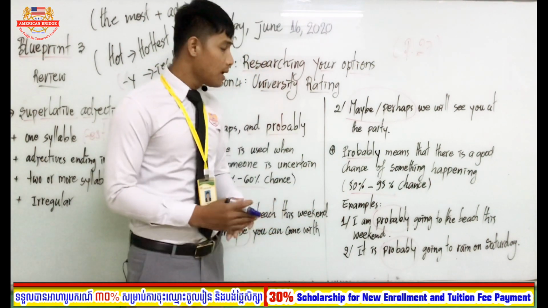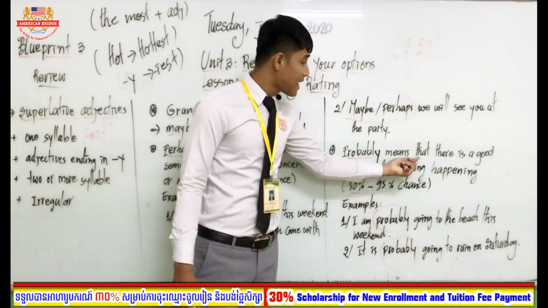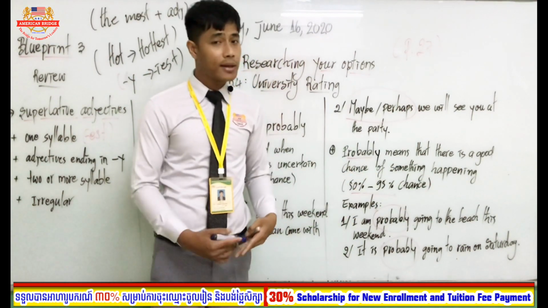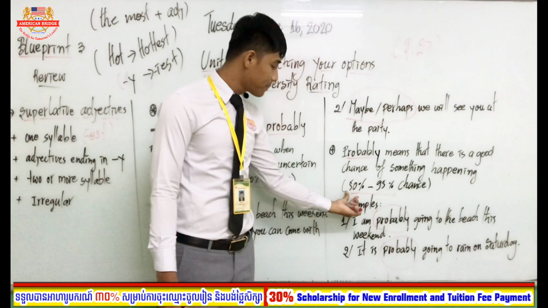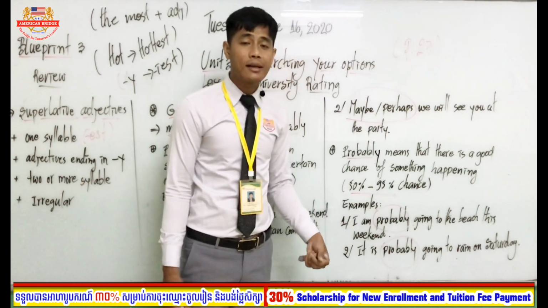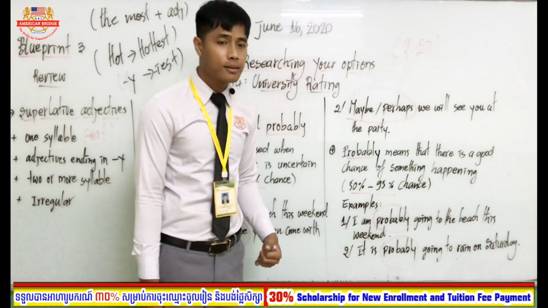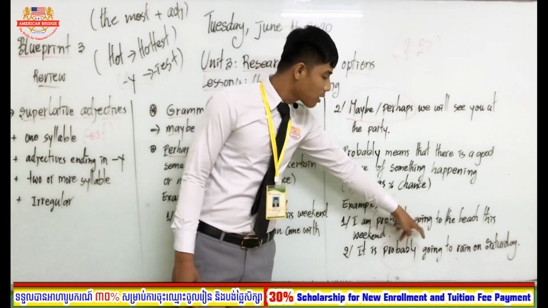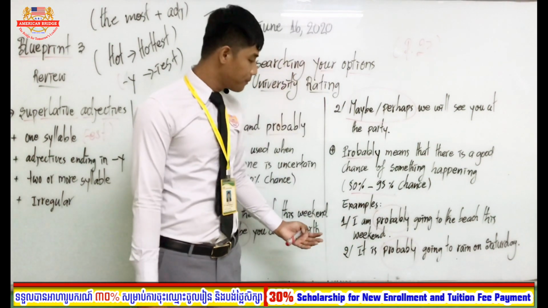Probably means there is a good chance of something happening, from 50 to 90%. For example, I am probably going to the beach this weekend.